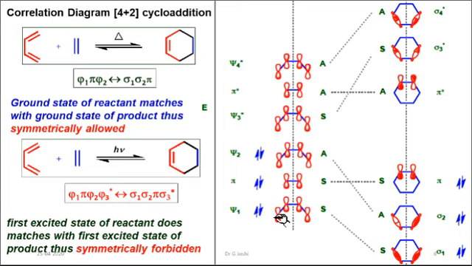In this case, we'll consider only the vertical plane of symmetry, that is sigma v, and we'll see whether they are matching in the ground state or in the excited state, based on their correlation between the reactant and product molecular orbitals. We'll consider the feasibility of 4+2 cycloaddition either in thermal state or in photochemical state.